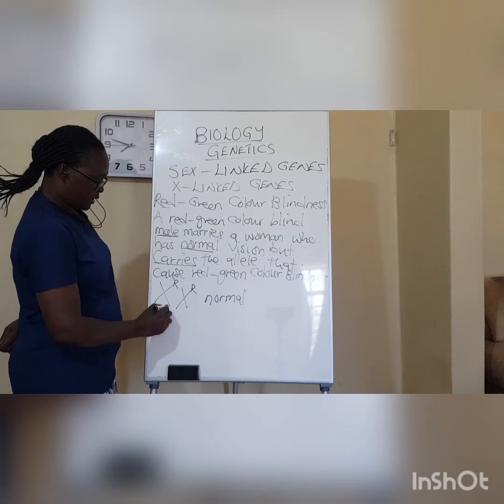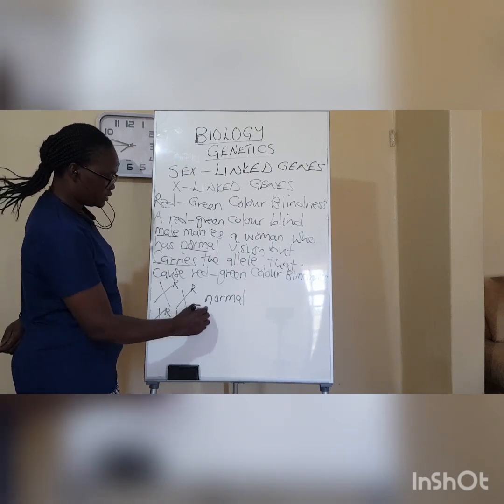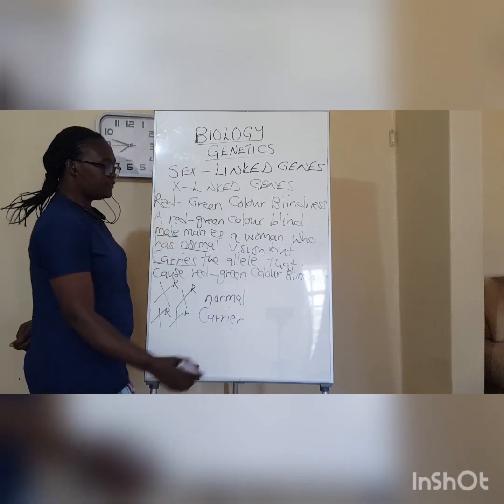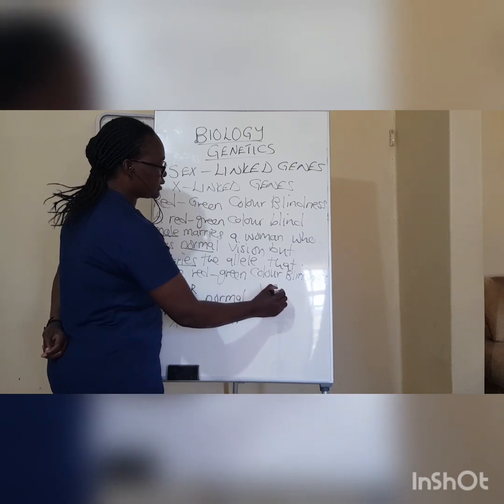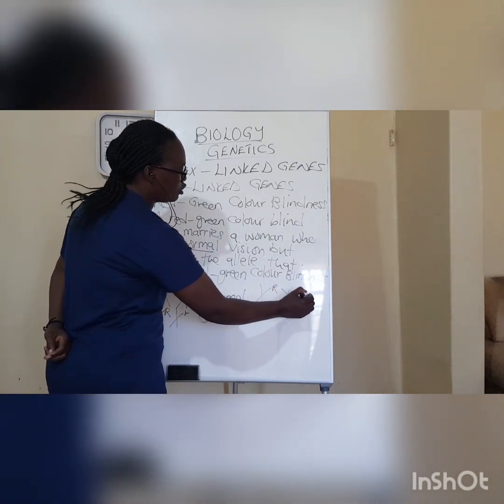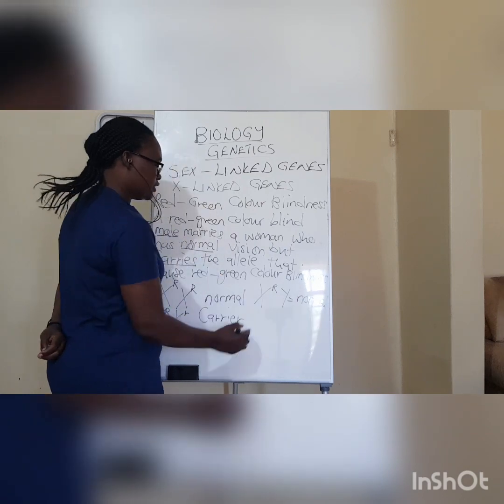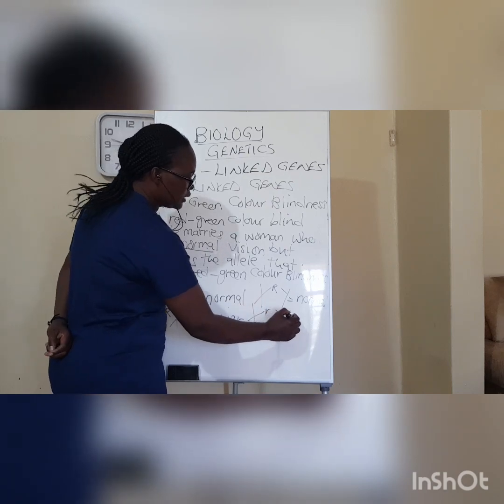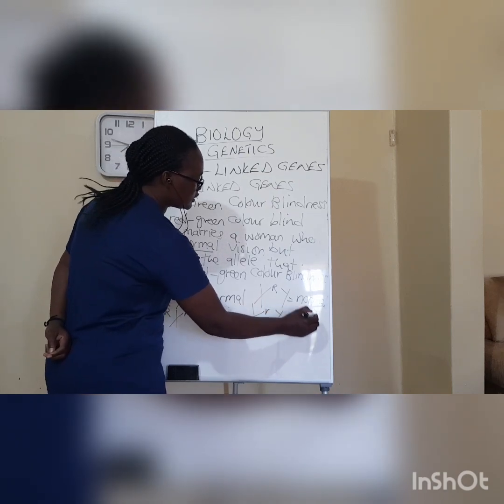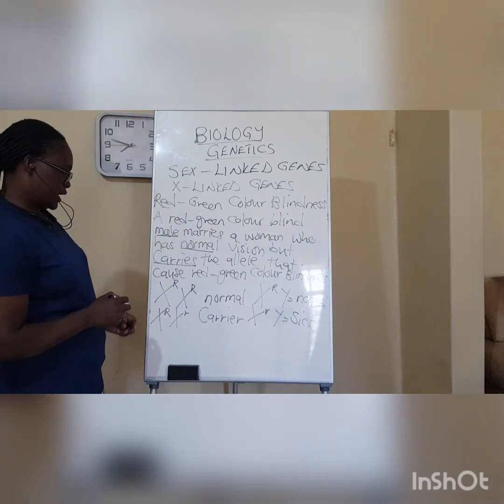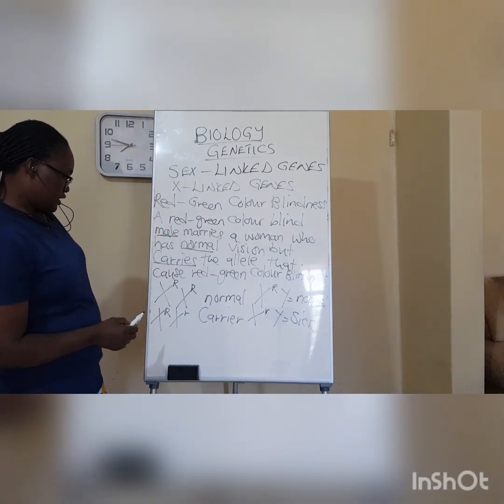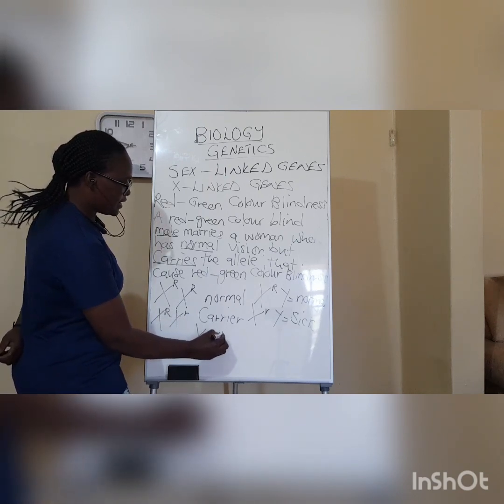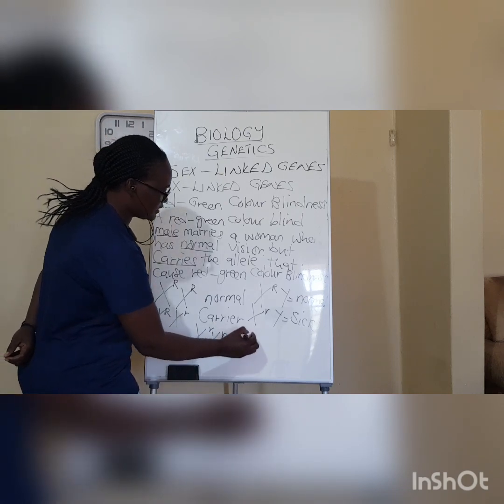If you see capital R and small r, then this one is a carrier female. If you see a male with capital R and Y, this one is normal. Then X, small letter r and Y, this one means is sick, has red-green color blindness. Then if a female has rr, then this one is also sick.